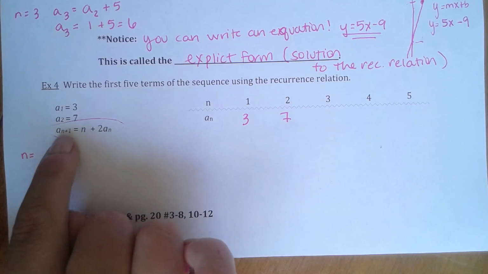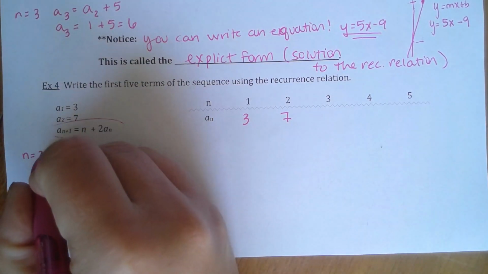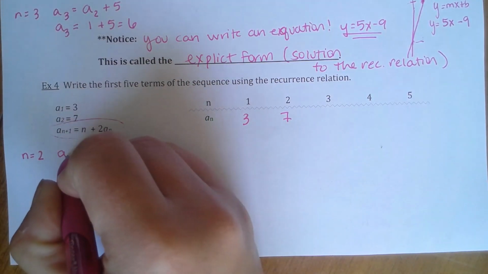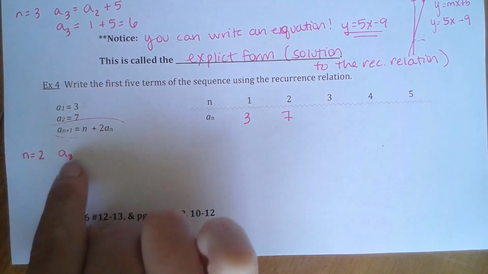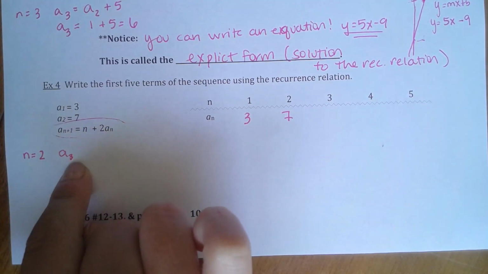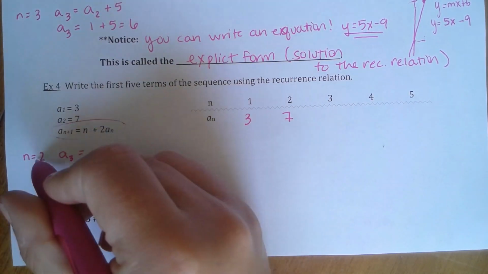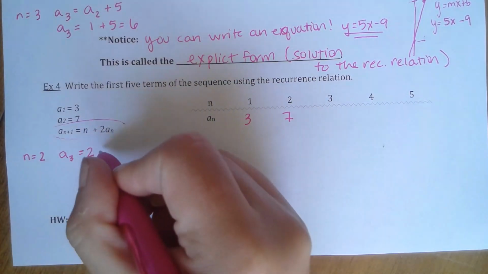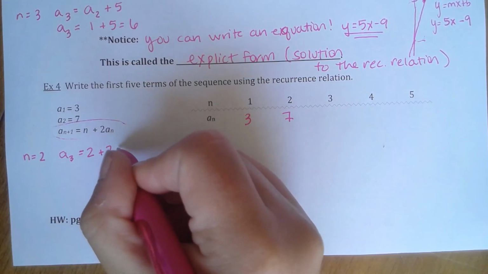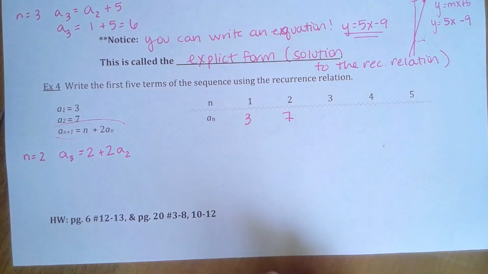So if I was looking for a sub 3 here, n would actually have to be 2, so that I would get 2 plus 1, which is 3. So our next term that we're looking for, a sub 3, my n value would have to be 2. So if n is 2, I'd have 2 plus 2 times a sub 2.